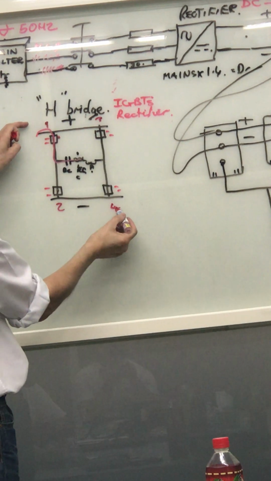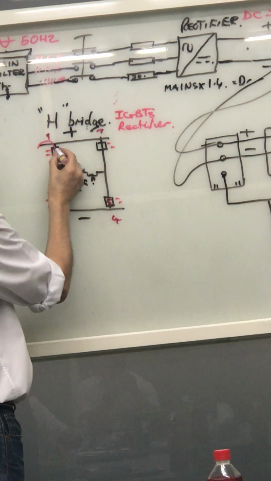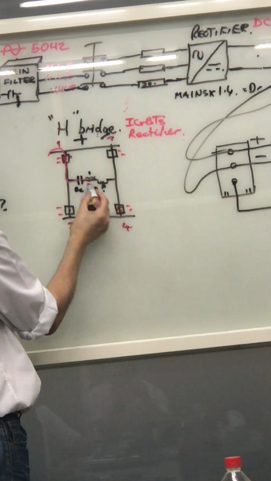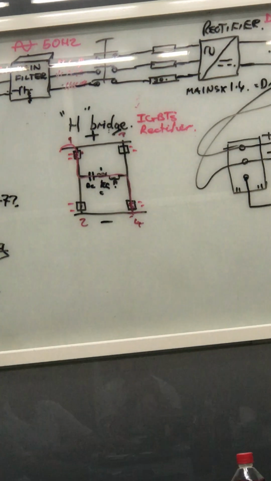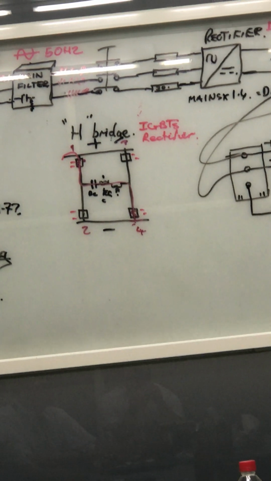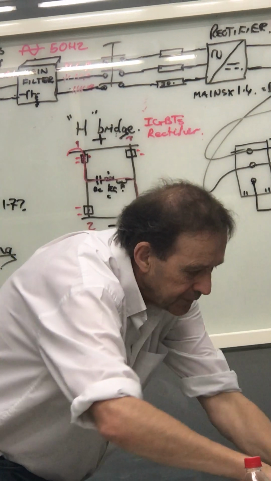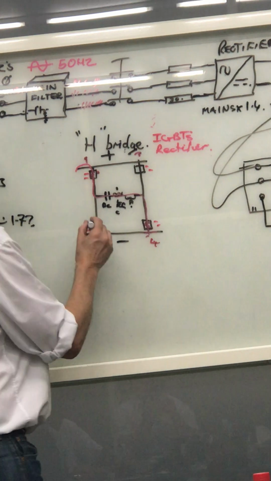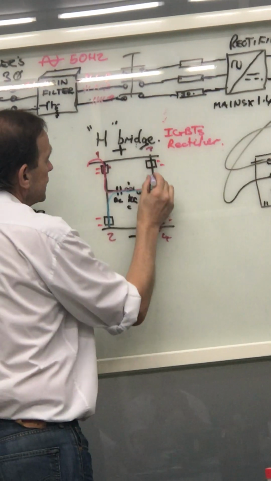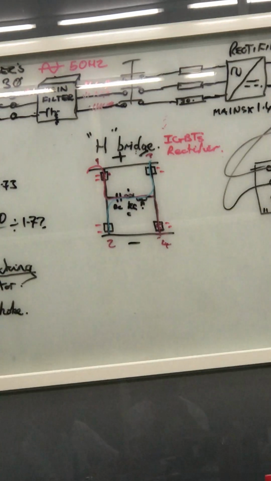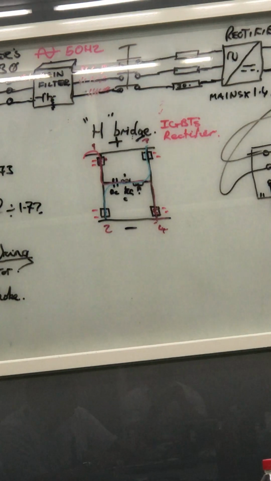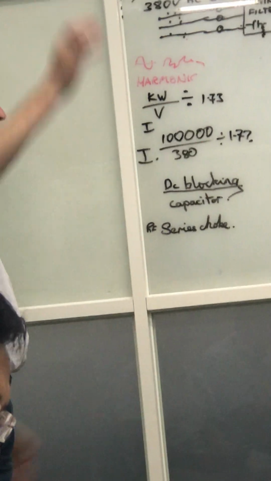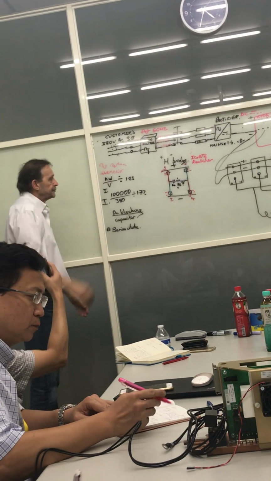So 1 and 4 go on at the same time and close. That allows the current to go through here. And then there's a short delay. Then it goes in the opposite direction. The current then goes in that direction. So you end up with what we call asymmetric firing.